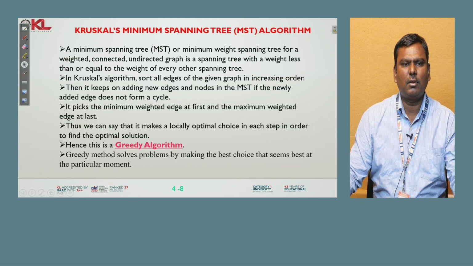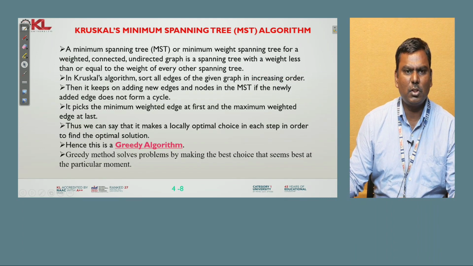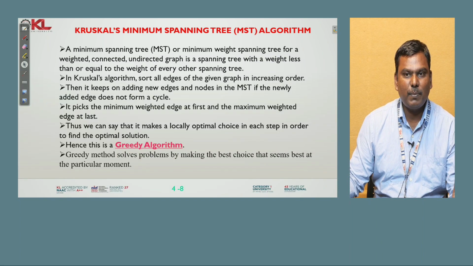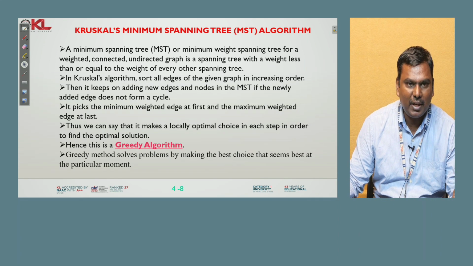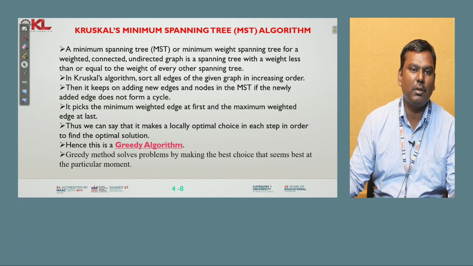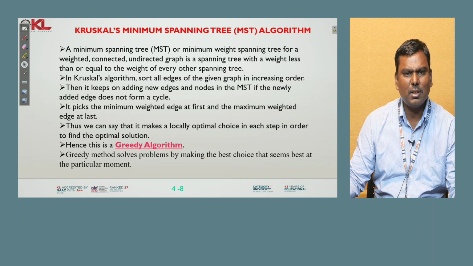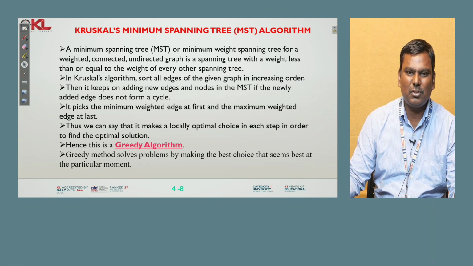Here, in Kruskal's algorithm, the minimum cost spanning tree or minimum weight spanning tree for a weighted connected undirected graph is a spanning tree with weight less than or equal to the weights of every other spanning tree. In Kruskal's algorithm, sort all edges of the given graph in increasing order.